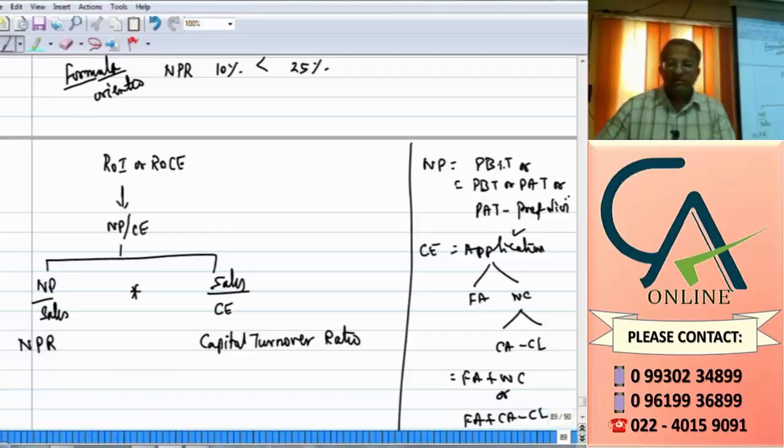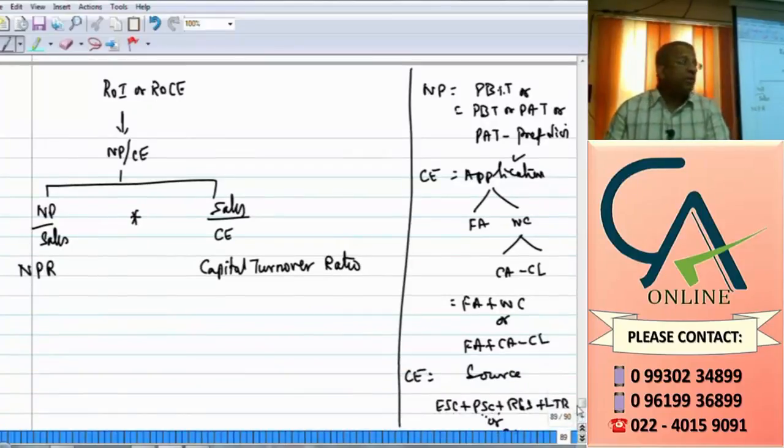Are you understanding? So therefore, the meaning for the term net profit will undergo a change depending upon whether capital employed is inclusive of long-term borrowing or exclusive of long-term borrowing but inclusive of preference share capital, or exclusive of preference share capital and long-term borrowing. If it is inclusive of all, then my net profit should be wider. It should be profit before interest and taxation.